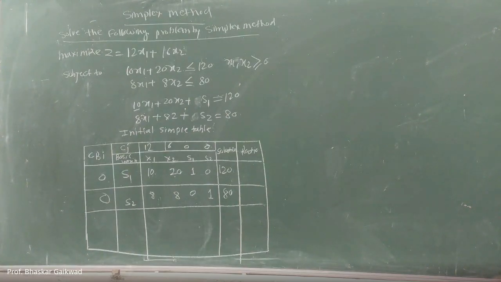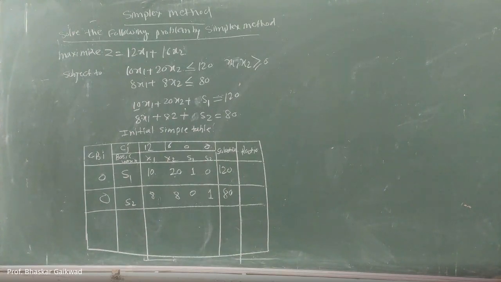Try to understand: whatever the maximization problem and subject-to conditions are given, you can put in this table the coefficient of basic variable and Cj. Cj means the coefficients of our decision variables. Whatever constants are given, you put them in the table, and the values from the given constraints go in the solution column.